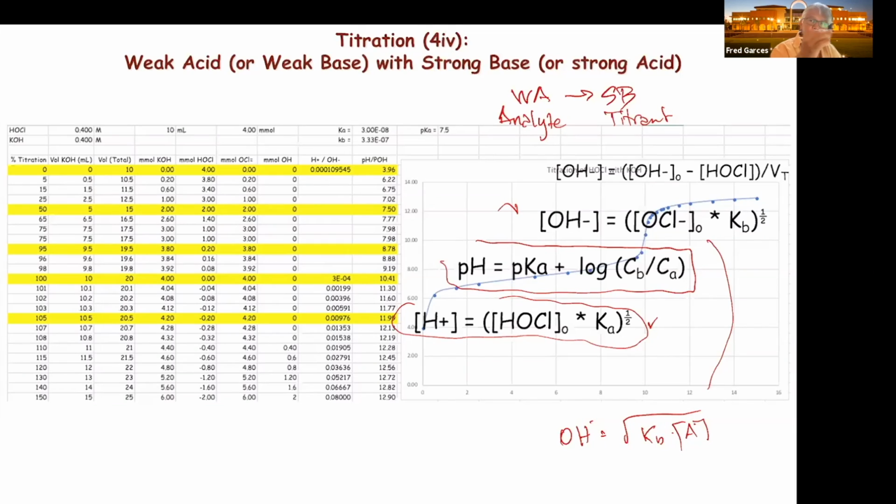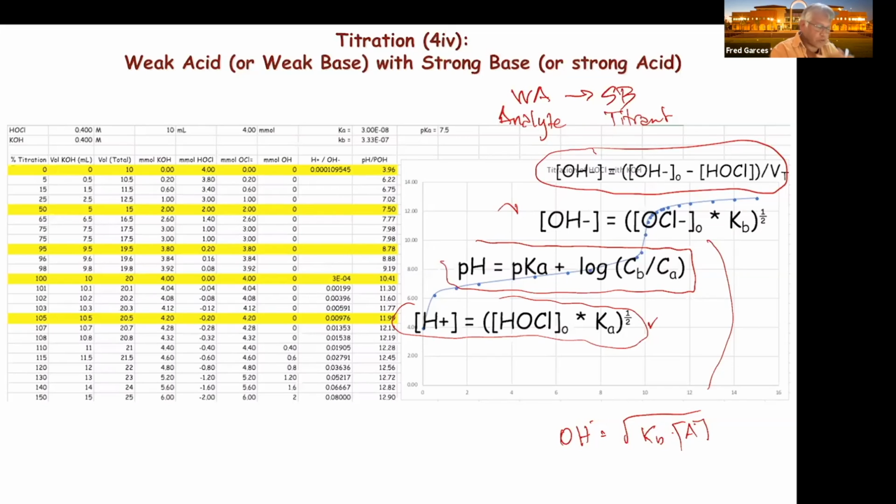And then when you go past the equivalence point, what you're doing now is just adding more titrant, and the excess titrant you add is just going to sit around. It's going to influence the pH of the solution. So all you've got to really do is calculate that excess.